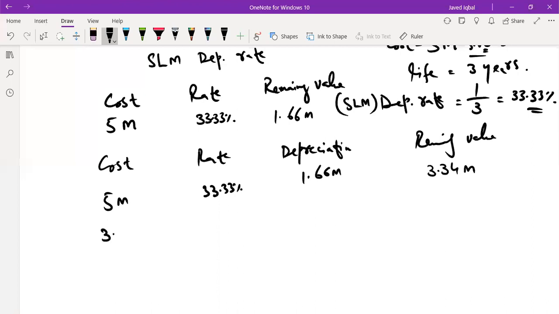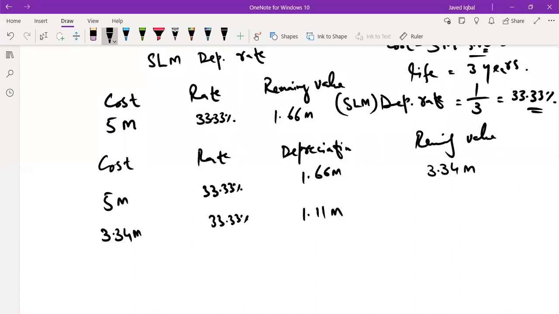Next year, you have a rate of 33.33%. Now you'll be multiplying 3.34 with it, so this would be 1.11 million.